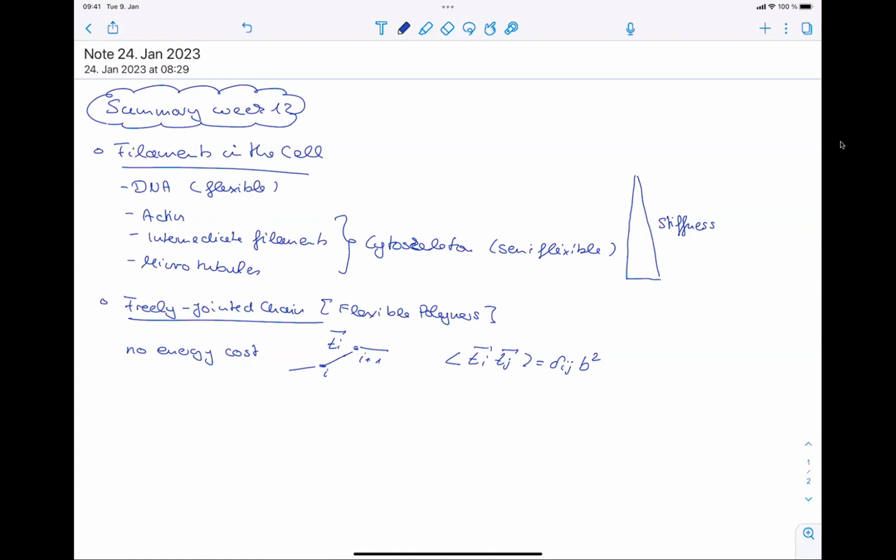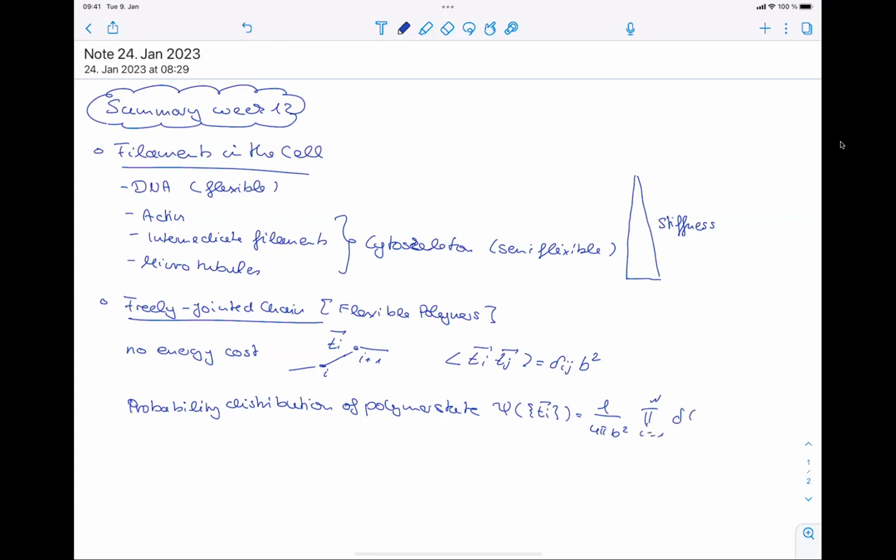And this then sets the probability distribution of the polymer state to be 1/4πb², and then the product over all independent tangents, which are constrained to be equal to the length of the bond b.